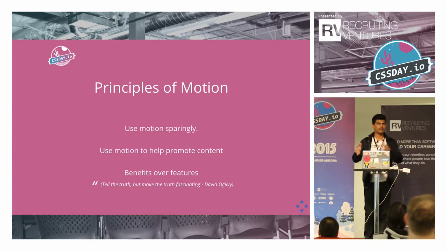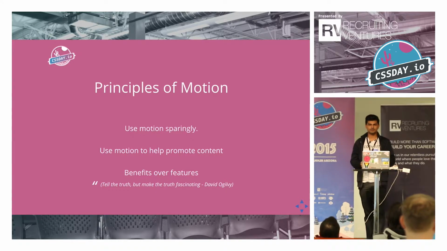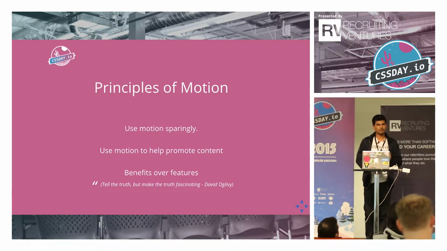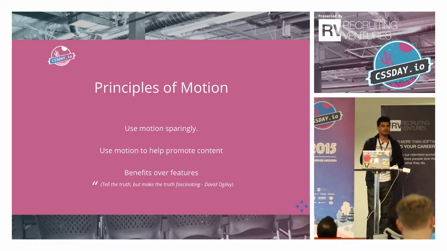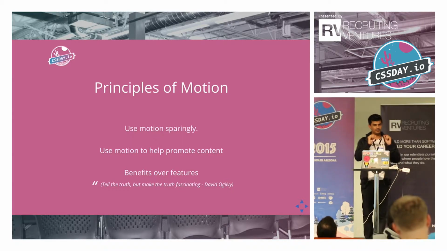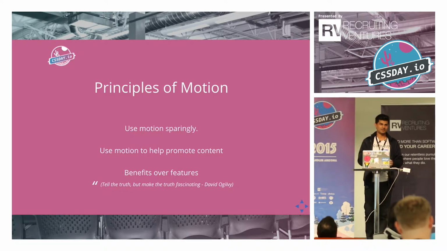People at Apple, people at all these big marketing agencies out in New York, they still follow those principles of David Ogilvy. But one of the things that David Ogilvy said was, tell the truth, but make the truth fascinating. And if you ever go to Apple's website to check out any of their products, they take the biggest detail of the smallest thing, they take a closest shot of that thing. They make this truth sound fascinating, right? And you can do that with animation also.